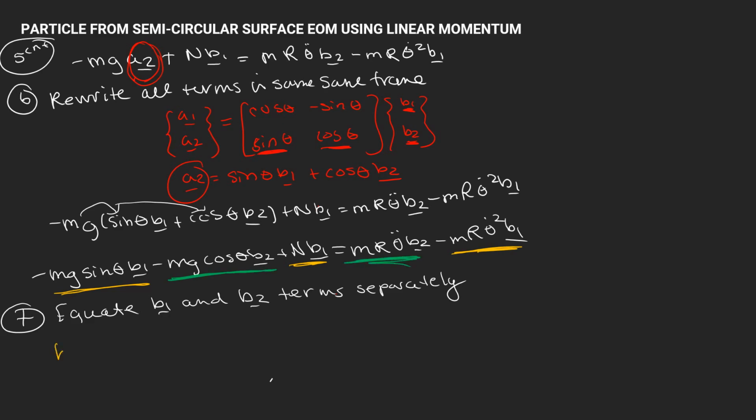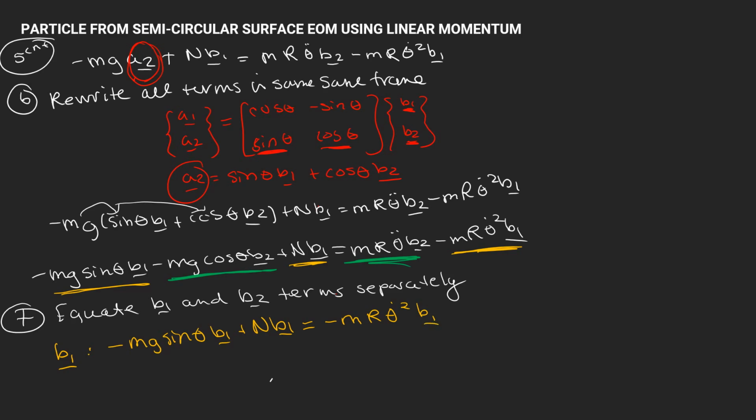So for our B1 terms, we can write negative mg sine theta b1 plus n b1, and the terms on the left-hand side are equal to the b1 term on the right-hand side, which is negative mr theta dot squared b1.